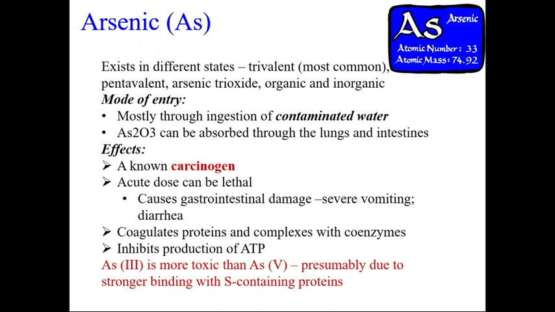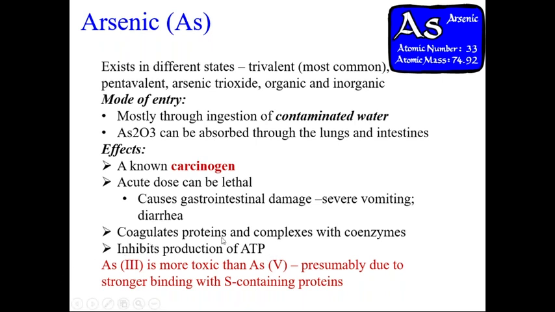Even now, across the whole Ganges belt, you will find the arsenic levels of the water are high, resulting in very high levels of arsenic, especially in basmati rice. So the ingestion is mainly through contaminated water. Arsenic trioxide can be absorbed through the lungs as well. It is a known carcinogen and causes gastrointestinal damage.